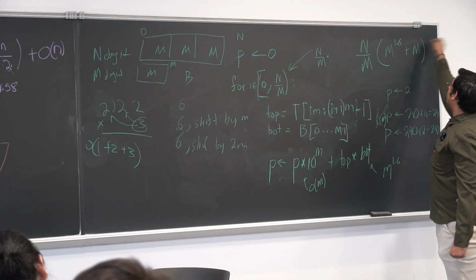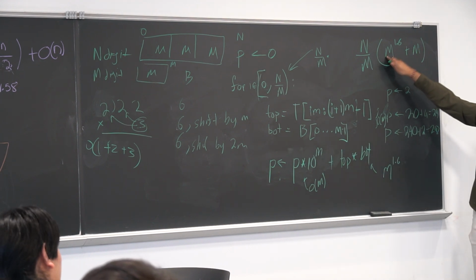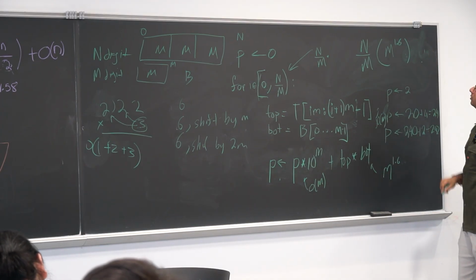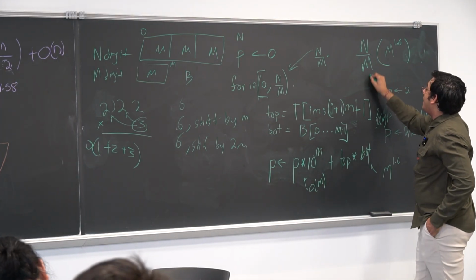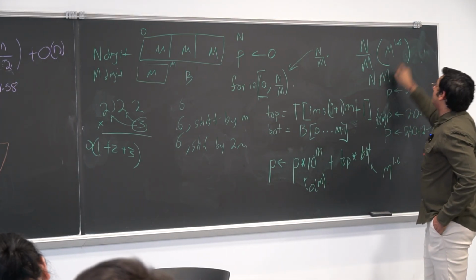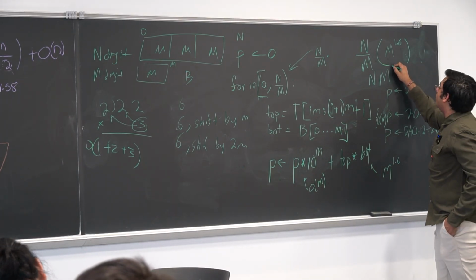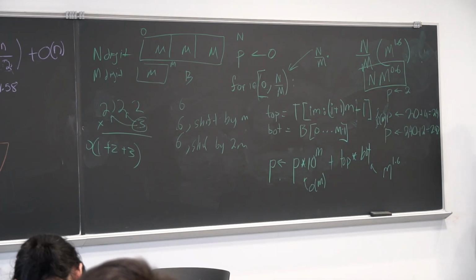So this and this sort of can go away, because m to the 1.6 plus m is just big O of m to the 1.6. We multiply this out, and then we get n times m to the 1.6 minus 1, which is 0.6. And this is our final runtime, big O of n m to the 0.6.